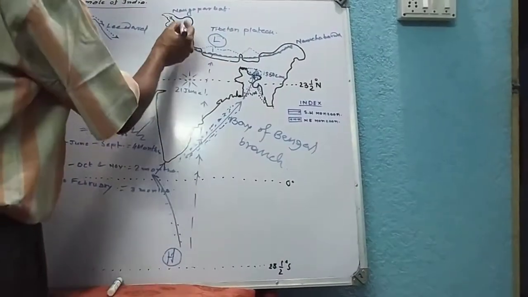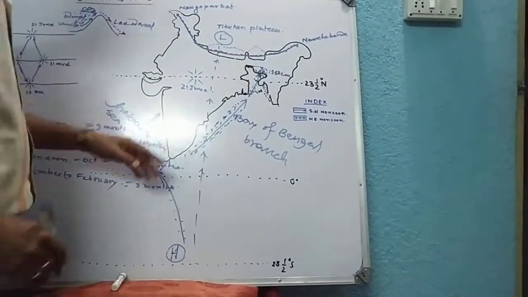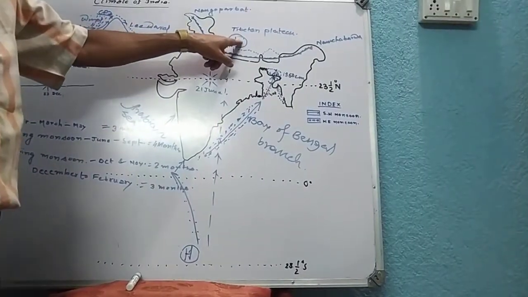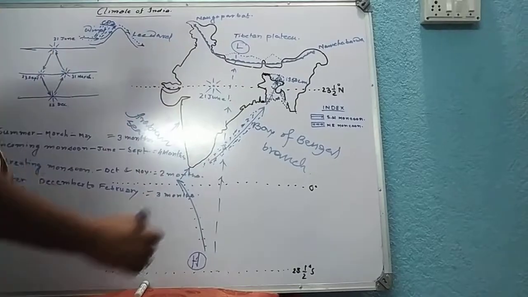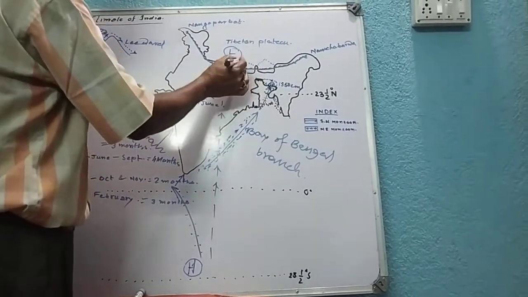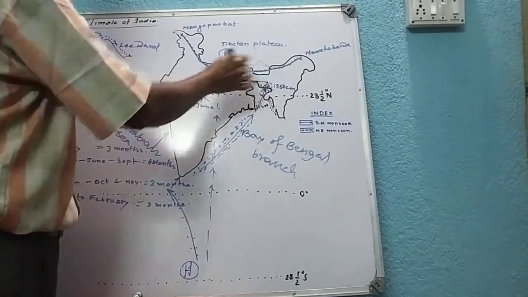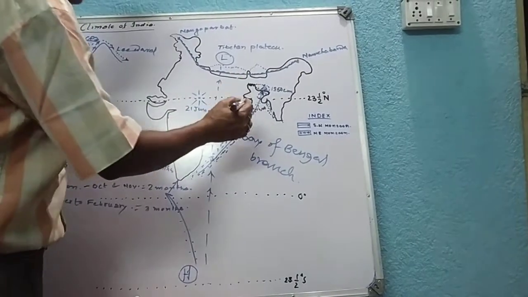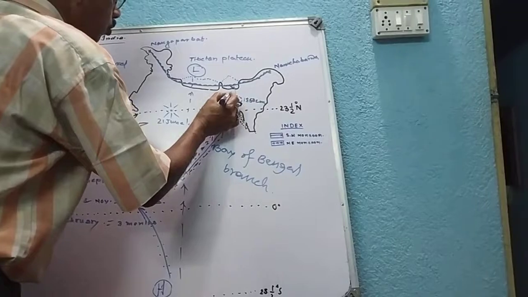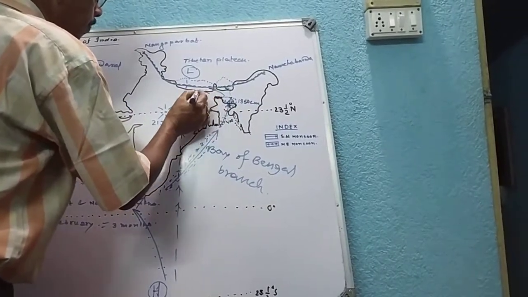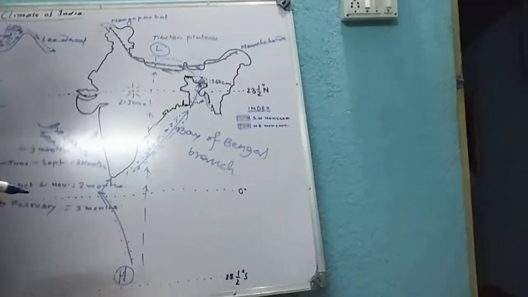On the other hand, this is the Himalayan mountain range. This is the low pressure trough in the Tibetan plateau. When the moisture-laden air mass tries to cross the Himalayan mountain range, it causes maximum rainfall towards the southern slope of the Himalayan mountain range.